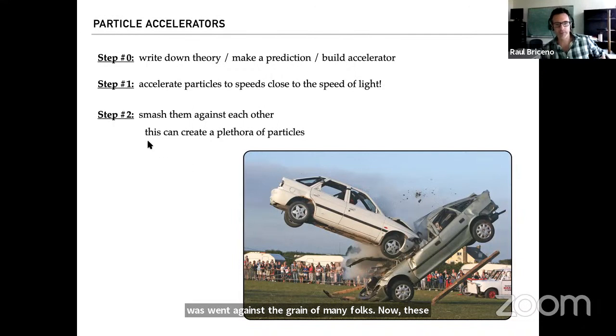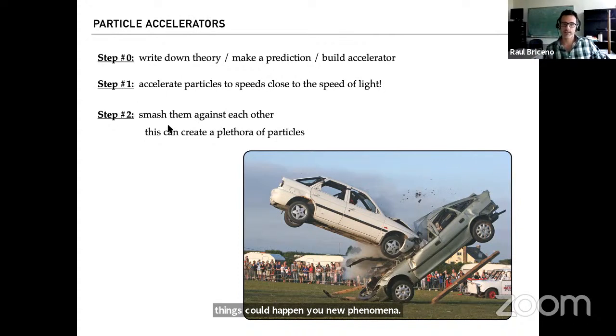Once we have a particle accelerator, its job is to accelerate particles close to the speed of light. The idea is that eventually we smash them against each other with a sufficient amount of energy that new phenomena could come out of this.